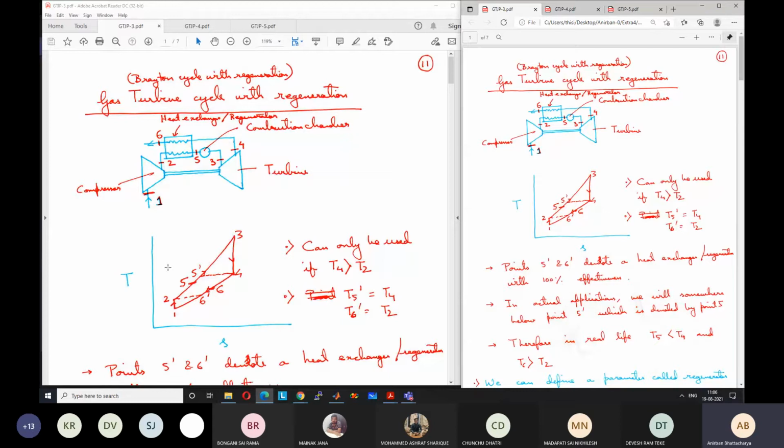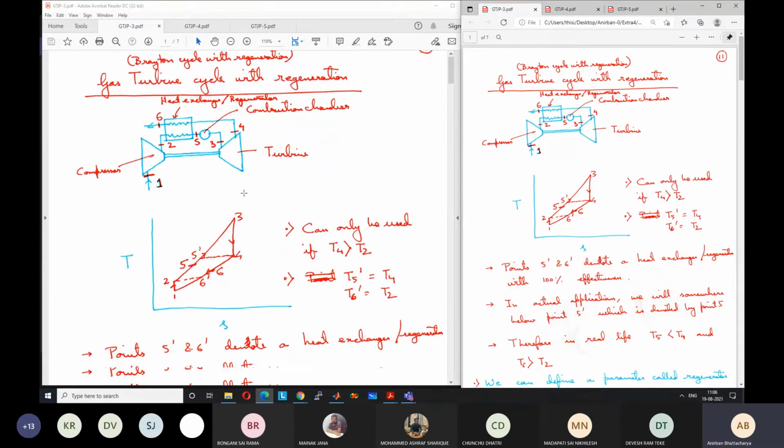It uses the extra energy which was getting lost to the atmosphere from the exhaust gases. Part of that energy is used for heating the air from the outlet of the compressor, so that less energy is required in the furnace for the same output. So you get more efficiency.